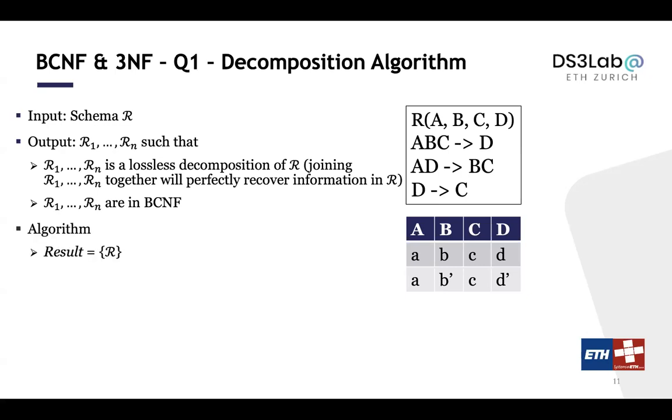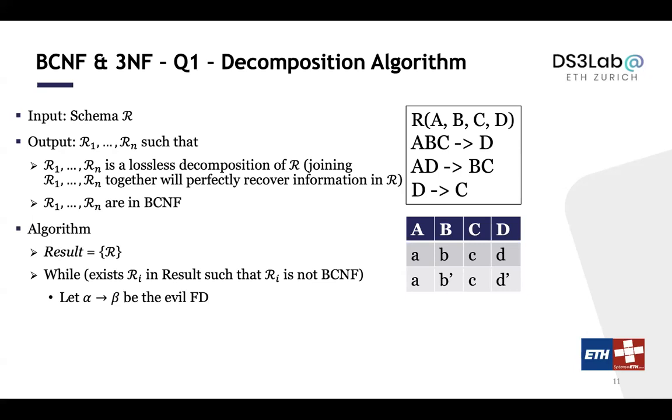It's very simple. You start from your original relation R, and then you check whether there exists some relation in the result set that is not in BCNF. If that relation exists, it means that there must be one evil functional dependency that makes that happen. Because of alpha to beta, Ri is not in BCNF. If you cannot find it, then all the Ri will be in BCNF, by definition.